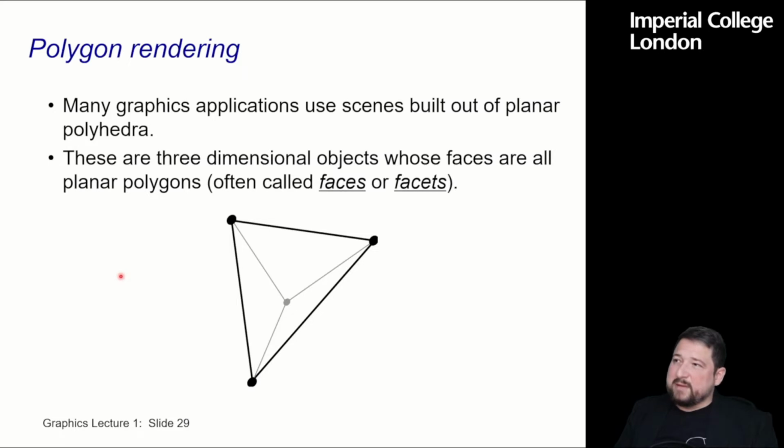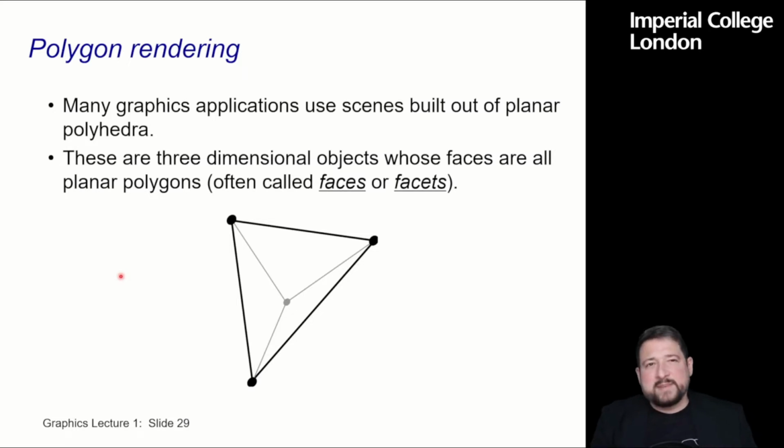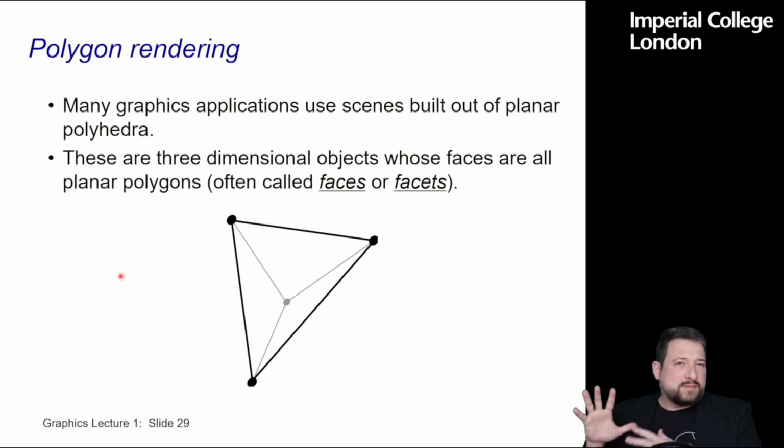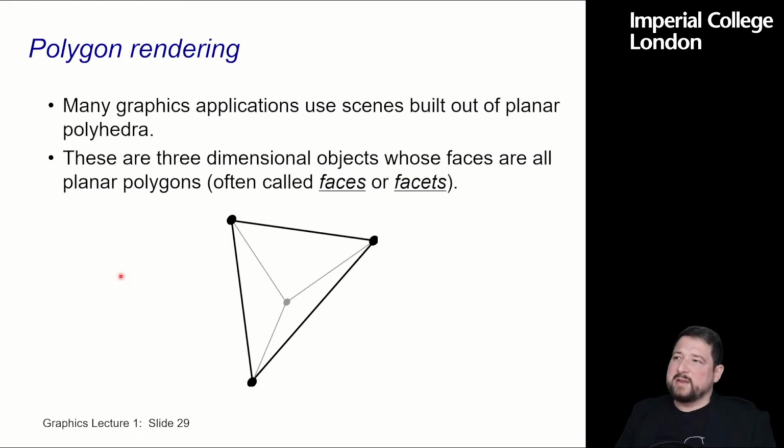Many graphics applications use scenes that consist mainly of planar polyhedra. There are other ways to represent stuff, mathematical ways, volumetric ways, and so on. But if you play computer games, or probably also most of the animated movies right now, they all consist at a very low level of planar polyhedra.